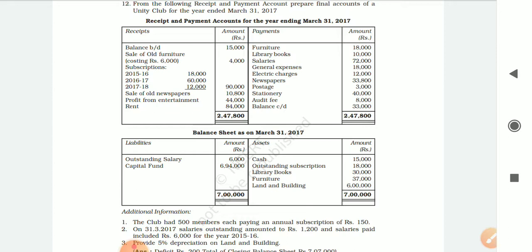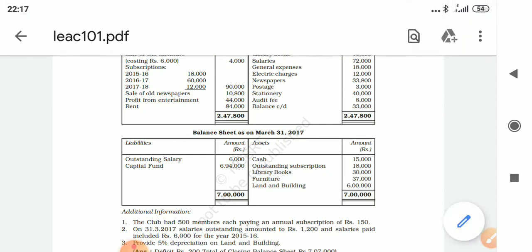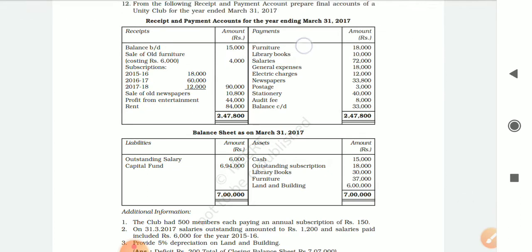So 37 plus 18, 55. 55 minus 6, 49. 49,000 will appear in the current year's balance sheet asset side. Okay, so furniture is over. You can just put a tick mark against this furniture and against this furniture in the question. So at the end of the sum, you can see whether all the items are ticked.